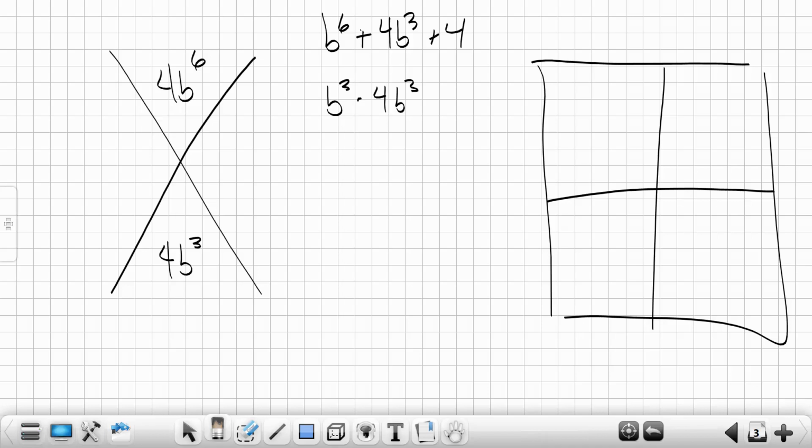Yeah. Or 2b cubed times 2b cubed. That would also make 4b to the 6th, right? Which one of those two would add to 4b cubed? The bottom one. The bottom one. Yes.